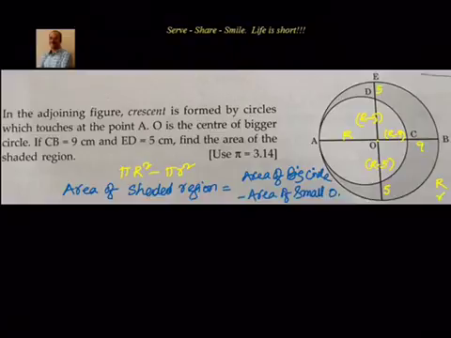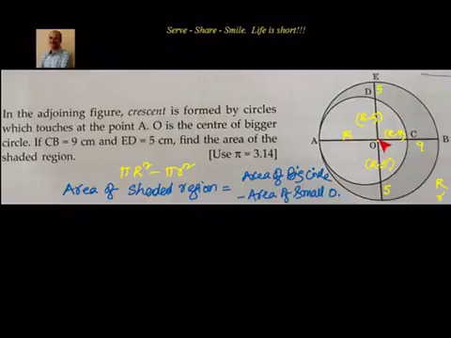So let's write this down and try to find the value of R so that we can also find the value of small r. Capital R is the radius of the big circle and small r is the radius of the small circle. So first we will take the small circle, and we know that the product of the segments is equal. That means R into R minus 9 is equal to R minus 5 into R minus 5.